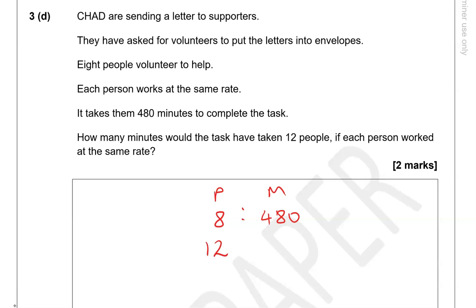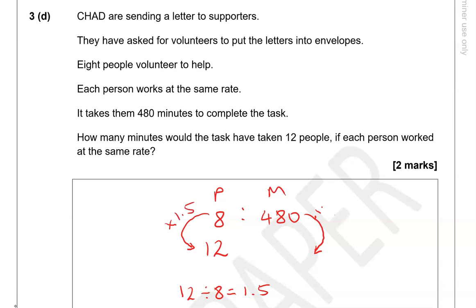So again, we're looking at inverse proportion here. So what we do to get from 8 to 12, we'll do the inverse over here. 8 times what gives us 12? And we can do that by going 12 divided by 8, which is 1.5.